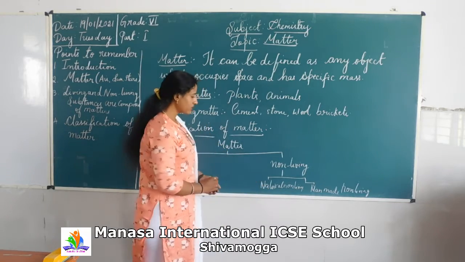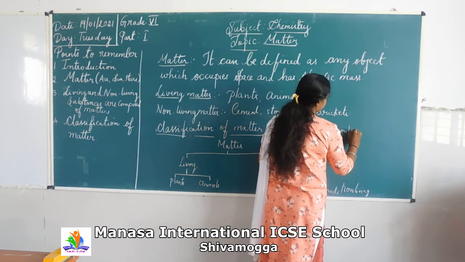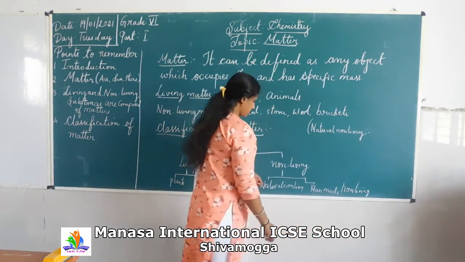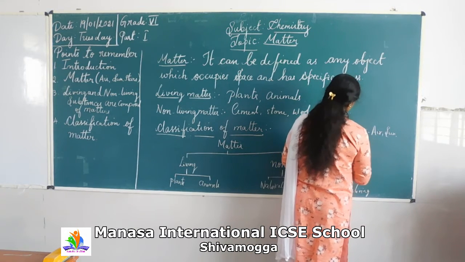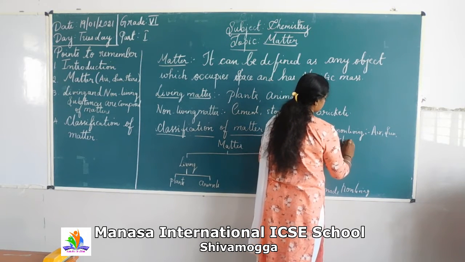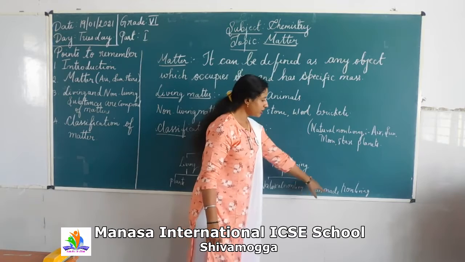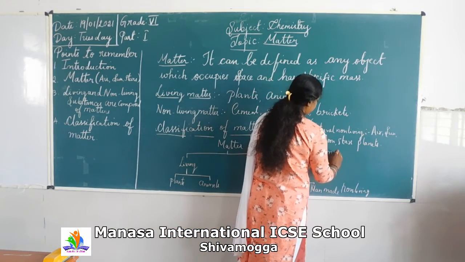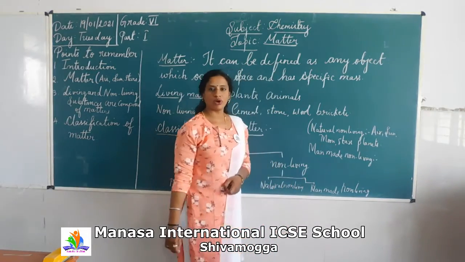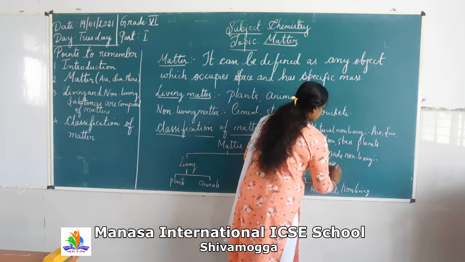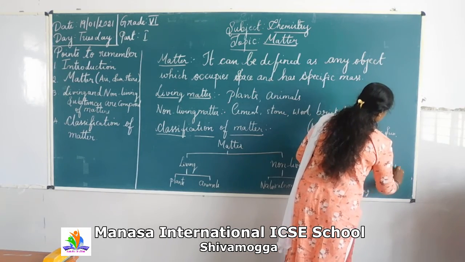For a natural non-living thing, you can give examples of air, sun, moon, stars, planets, etc. Coming to a man-made non-living thing, you can give examples of glass, steel, wool, cement, okay?